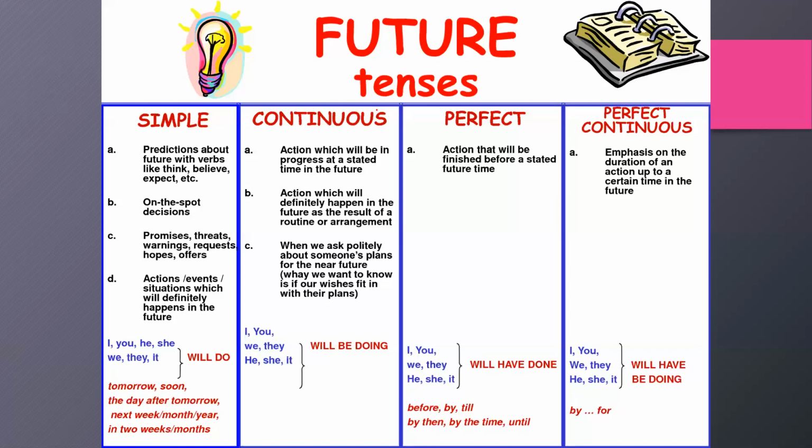Next is future perfect tense. An action that will be finished before a stated time in the future. By a certain point that action will be finished, will be completed. I shall have finished this work by 5 p.m. or by tomorrow. They will have reached home by the evening. Will have.